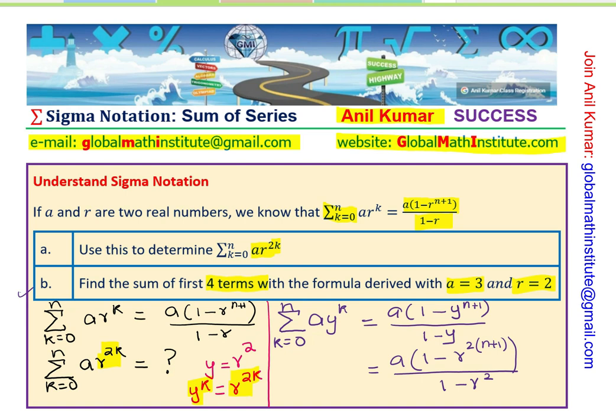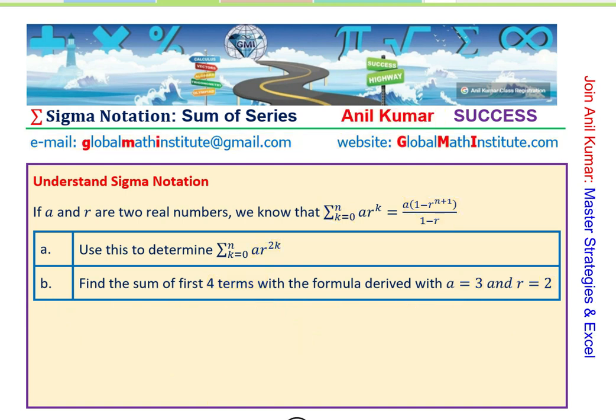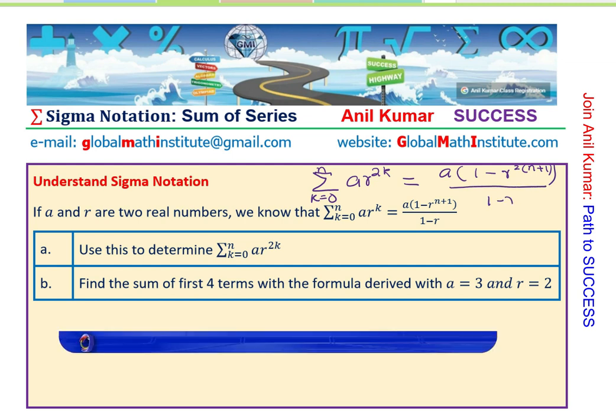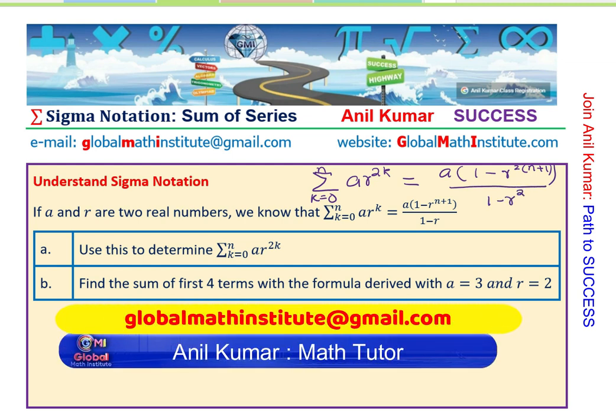So we have a formula now, let me rewrite it: for k equals 0 to n of a r to the power of 2k, we used y as a substitution and got this formula as a times 1 minus r to the power of 2 times n plus 1, over 1 minus r square. That's it. So that was the formula.